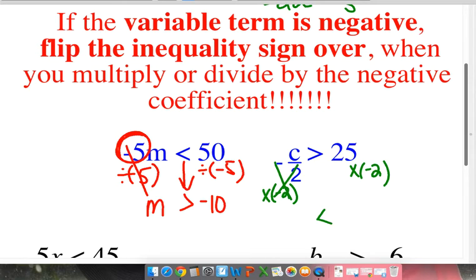Because we're multiplying by a negative, c is not greater than anymore. c is now less than. 25 times -2 is -50. The sign flipped because of that -2 stuck onto the variable, that negative coefficient. Not all of them are going to flip, only when there's a negative number stuck to the variable.